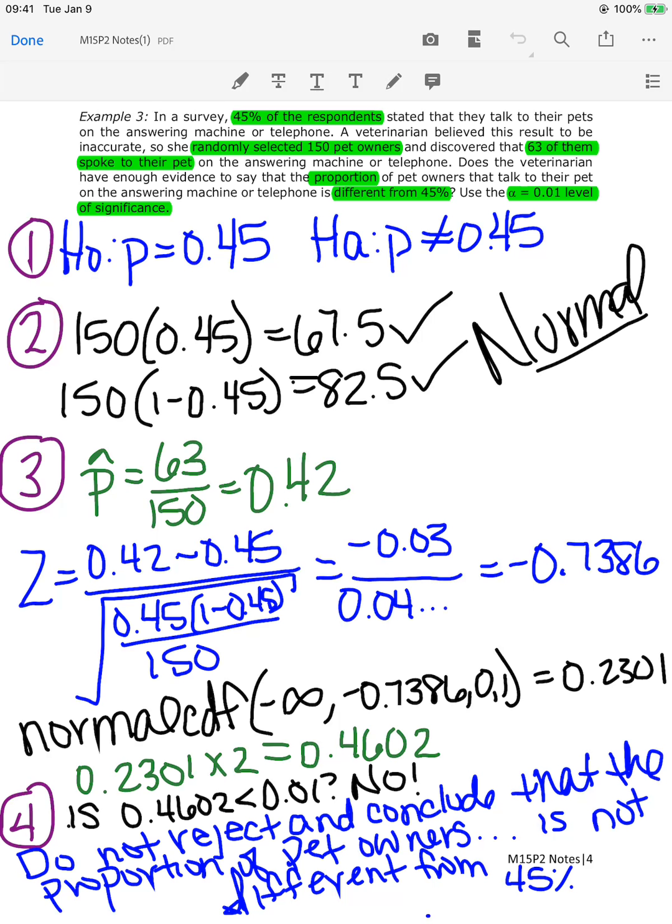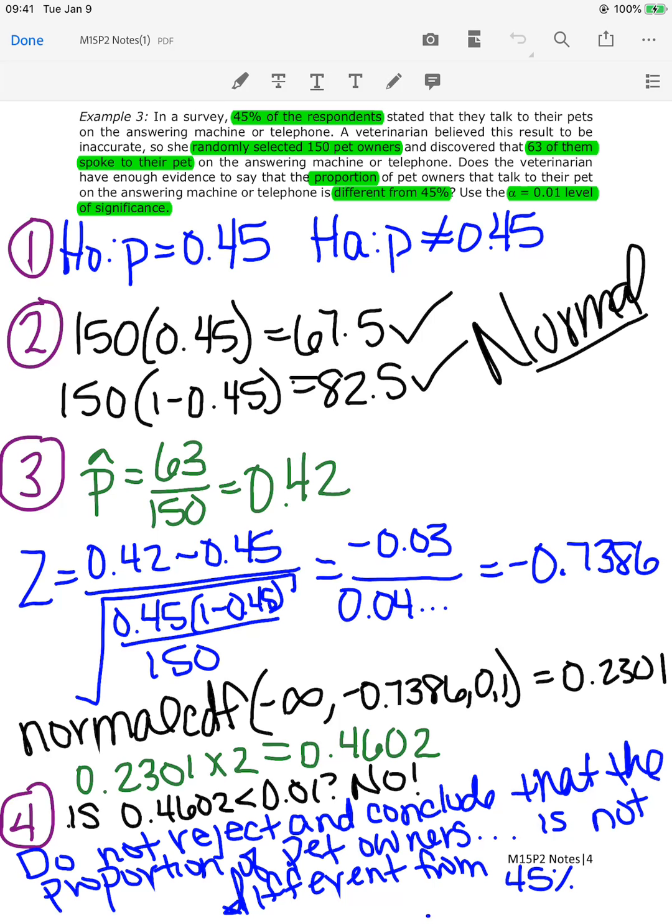So biggest difference here is it's a two-tailed test, which means we have to consider the probability that we could have gotten a value that was too small or too big. So when we found our probability using normal CDF, because I had a negative z-score, I treated it as if it were left-tailed, and then I multiplied that probability by 2.